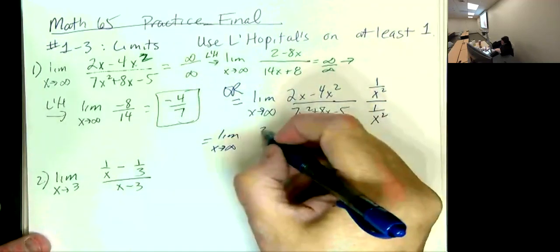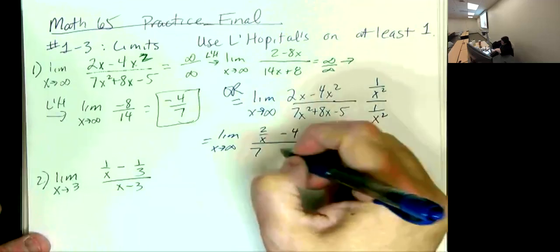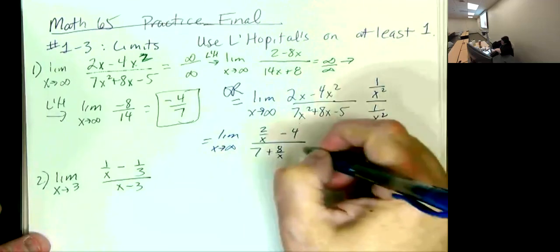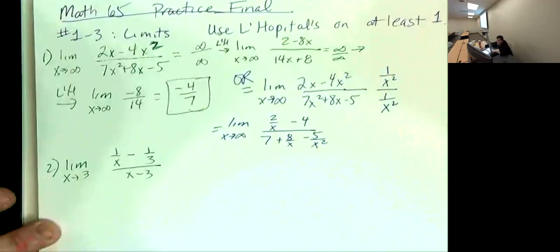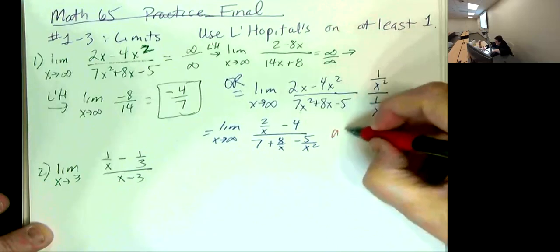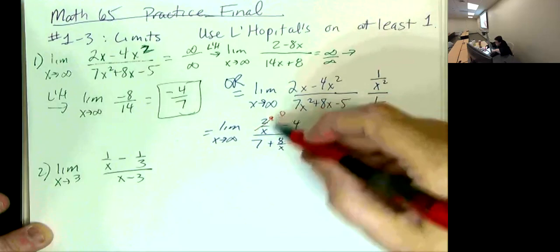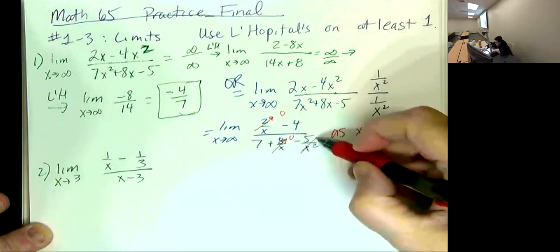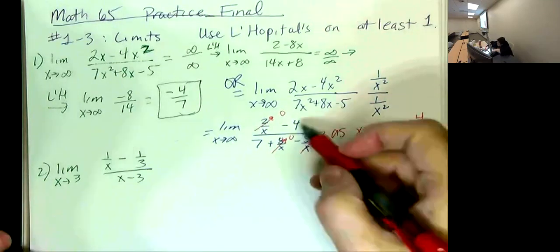This would be 2 over x minus 4 over 7 plus 8 over x minus 5 over x squared. And as x goes to infinity, these terms go to 0, only as you take the limit. And you get -4/7, which is all you had left over.